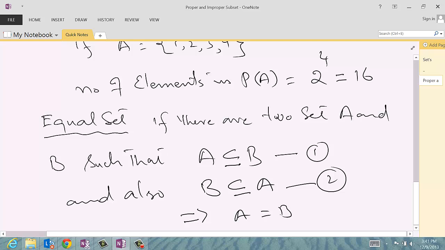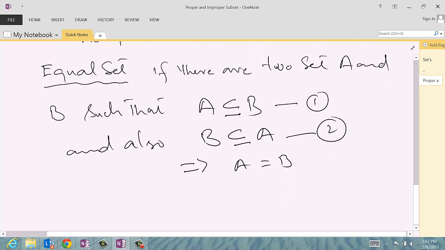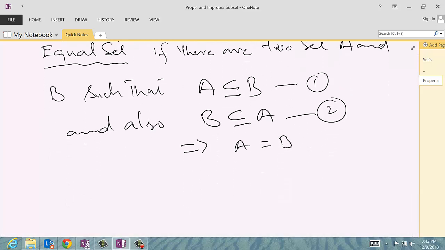Means every element of set A is element of set B, and every element of B in turn is also an element of set A. So essentially A and B both contain same elements. There might be difference in the order, but that we already know that doesn't matter.